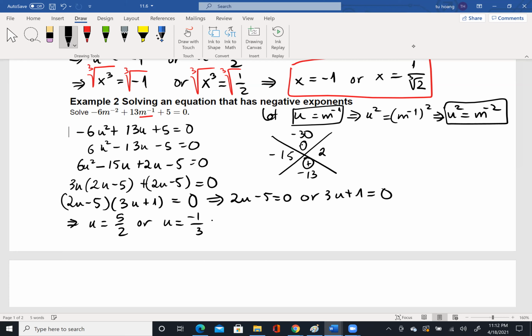So then, because I'm solving for m, I have to come back with m. I was using u equal to m to the power negative 1. So I have m to the power negative 1 equal to 5/2, or m to the power negative 1 equal to negative 1/3.